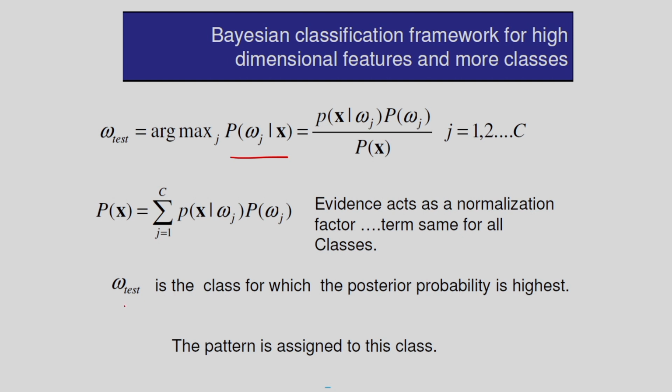W test is the class for which the posterior probability is the highest. Based on this we can do the classification, that means the pattern is assigned to this particular class. We determine the highest posterior probability, and based on this we can take a classification decision.